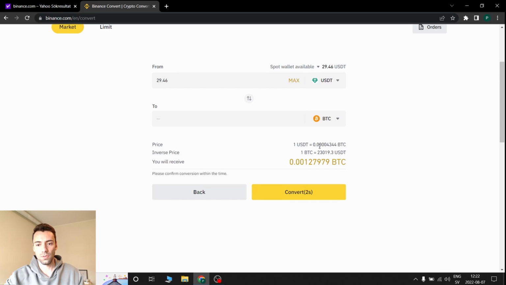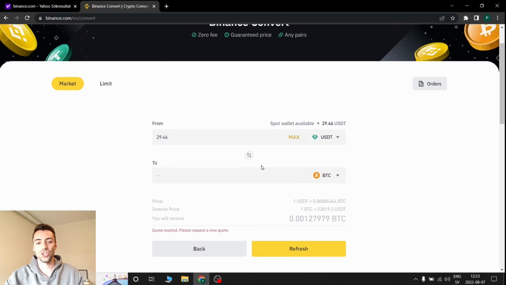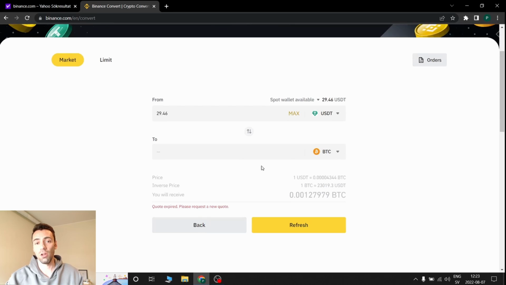For each USDT you will receive this amount of Bitcoin, and you will receive this BTC, and it's already expired because the price of Bitcoin has changed. The price of all currencies changes every second, so you have to confirm as soon as possible. So let's refresh it again.